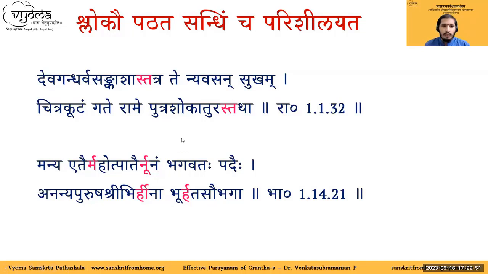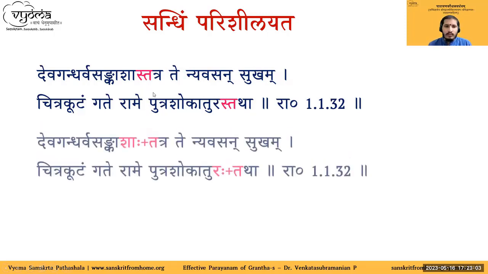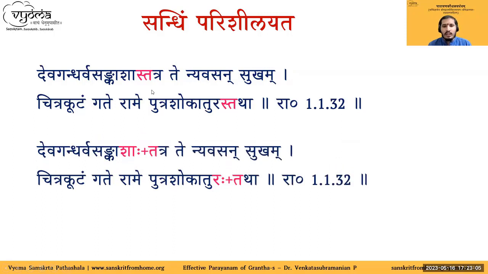If we see the first shloka, Deva Gandharva Sankashas Tatra. What is this sound transformation which has occurred there? Before it was Sankashaha Tatra. In the final form we have Sankashas Tatra. Similarly, Putra Shokaturas Tatha.